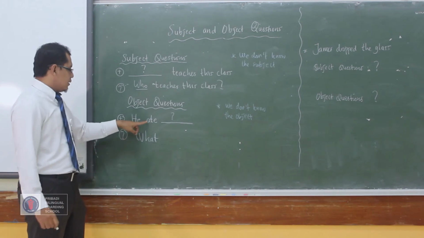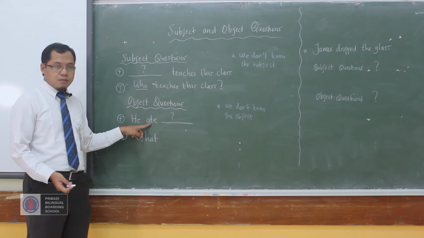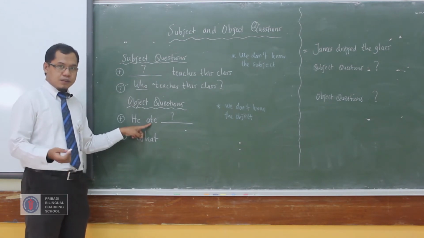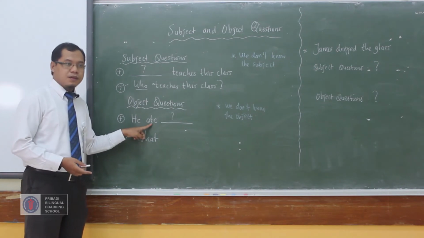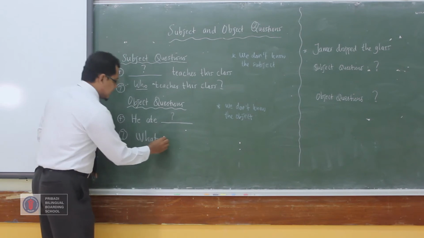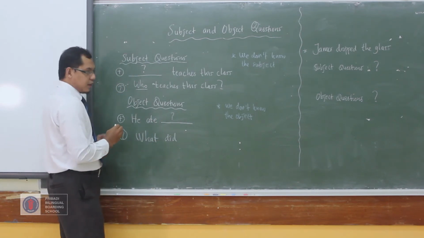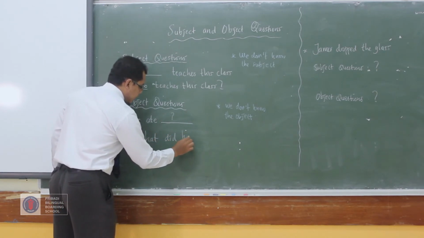And since the verb is in the past simple, we need to put an auxiliary for this. So just to remember, what is the auxiliary for the past simple? Yes, did. And then after the auxiliary, we put the subject of the sentence, which is he.